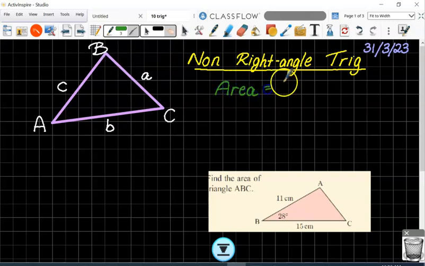So area equals a half ab sine C. And I could write this formula another 2 ways. I could say, and I'm writing it over here, so please don't you write it as well, just the one.